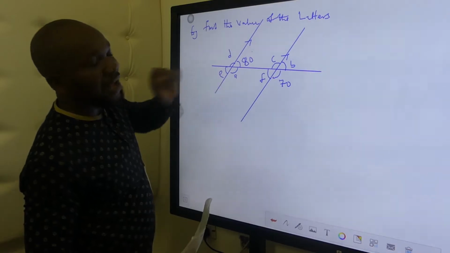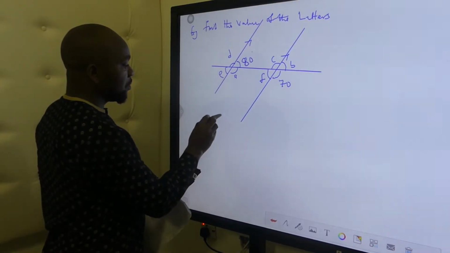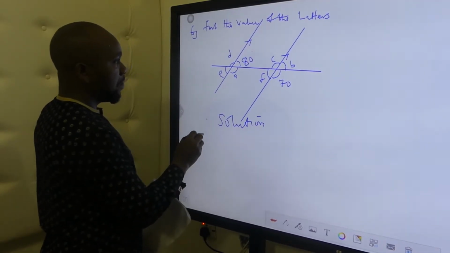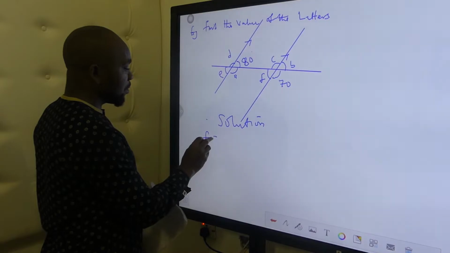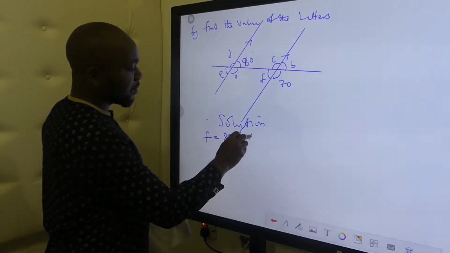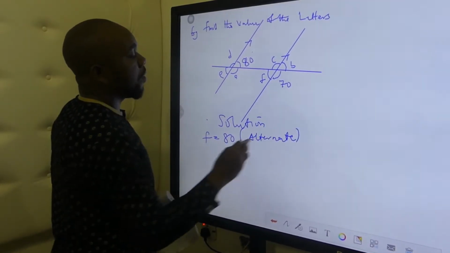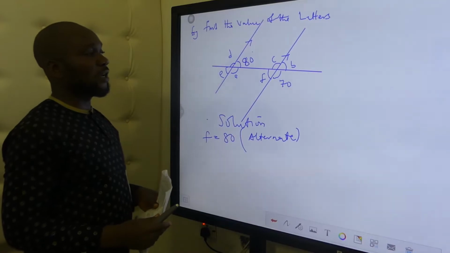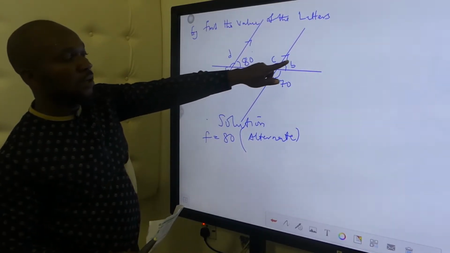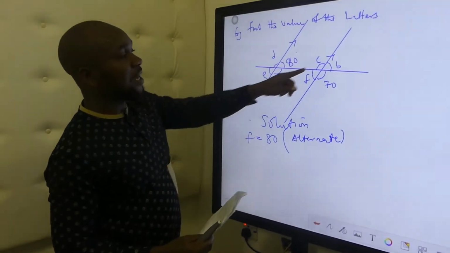This 80 and F, they are alternate. So the solution means that F is equal to 80. What is the reason? They are alternate. Alternate angles are equal. If F is 80, B is equal to 80, which is vertically opposite.